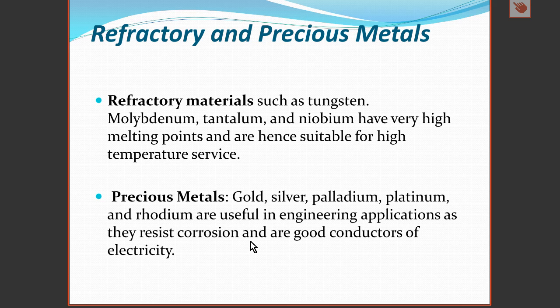Precious metals such as gold, silver, palladium, and platinum are useful in engineering applications as they resist corrosion and are good conductors of electricity. So silicon chips use gold wires because they can be bonded very easily using diffusion bonding to the silicon chip.